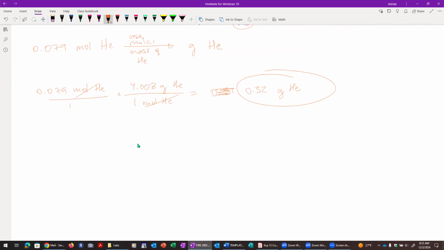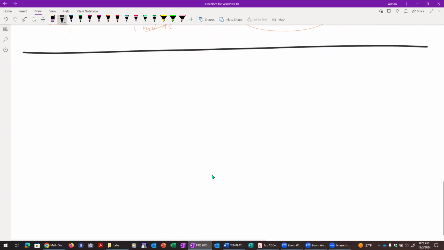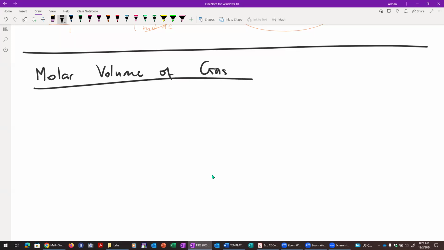All right, let's take a look at another example, and we'll tie in some of the previous concepts to this. So one thing that we talked about before is this idea of the molar volume of a gas. Okay, and as the name suggests, the molar volume is the volume of 1 mole.